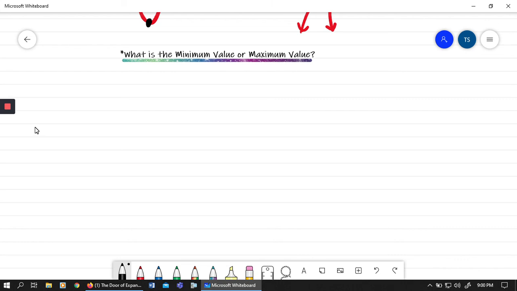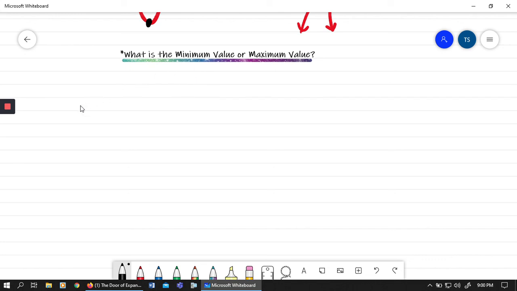So a minimum value would be where you're finding the lowest y value or the lowest function value. And guys, as far as quadratic functions, you will only get a minimum value, a lowest y value, when you have a relative minimum.